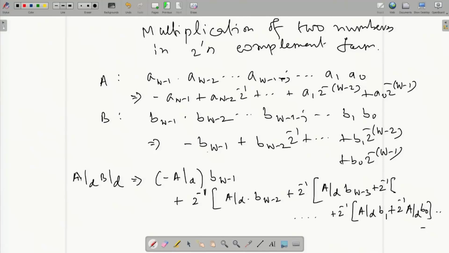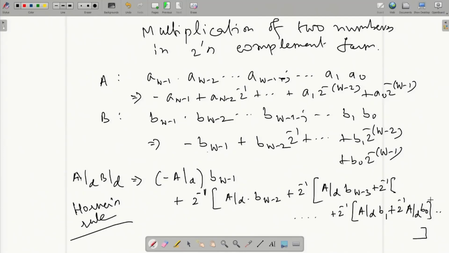So, it is a nested function, and this rule is called a chain rule, called Horner's rule. That is, a function within a function, it is nested. 2 inverse A by D times B W minus 2 plus again 2 inverse A by D times B W minus 3 plus again 2 inverse and so on and so forth, similar thing.